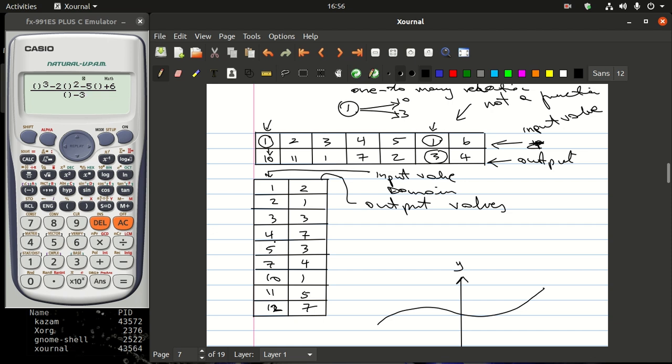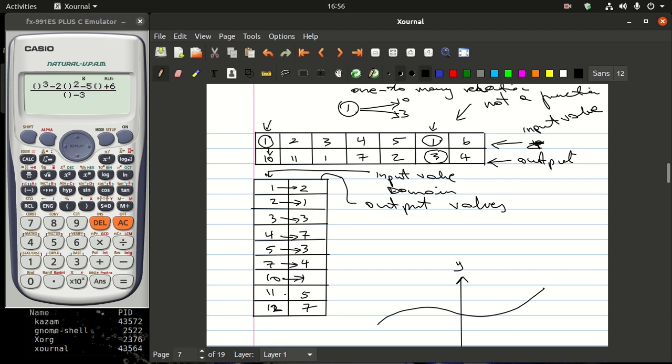But what about this one? If you look here, 1, there's only 1 this side. 2, there's only 1 2 here. 3, there's only 1 3 here. All of these elements this side are unique. So each element has only one output.